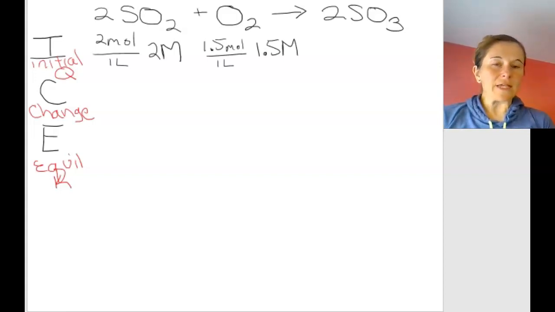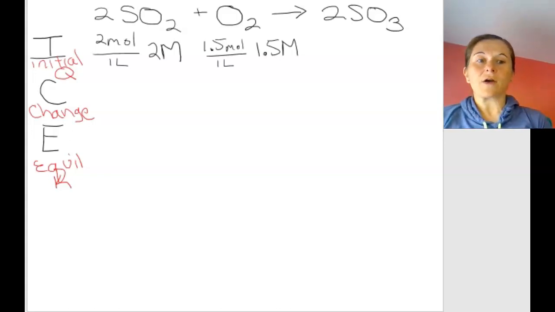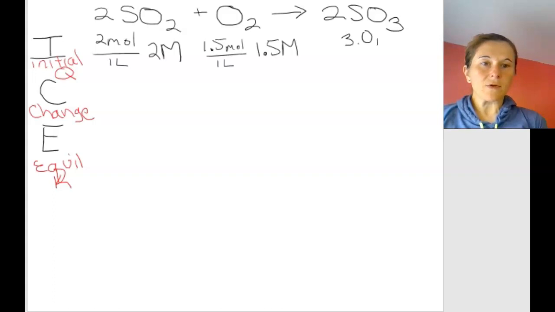And they told us at initial concentration we have 3.0 moles per 1 liter of this guy, which is 3 molar.